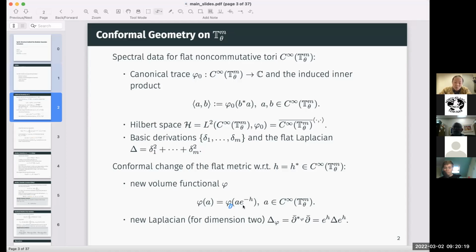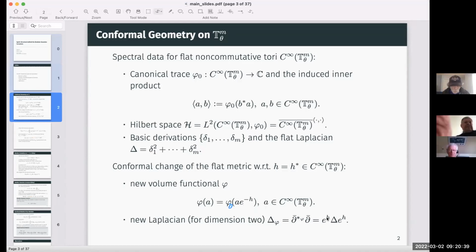Then we can try to figure out the new Laplacian, following the model of the Laplace-Beltrami operator. In dimension 2, it has a degree 0 part, acting on functions. This Laplacian has the following simple form: you just put two copies of the Weyl factor on the flat Laplacian.